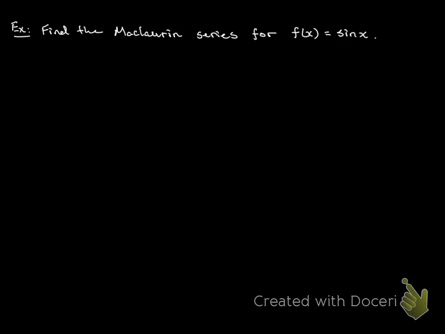Of course, I'm going to use the formula to do that. We saw from the last bit that the formula for Maclaurin, and Maclaurin means that I'm going to use a center of 0, is the sum of all the derivatives evaluated at 0 divided by n factorial and then multiplied by x to the n.